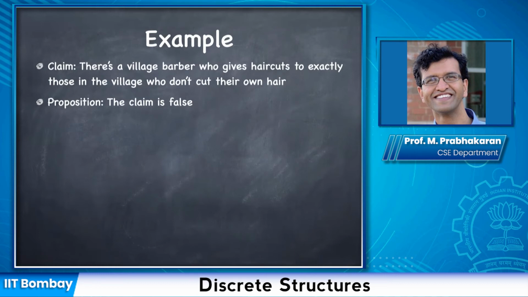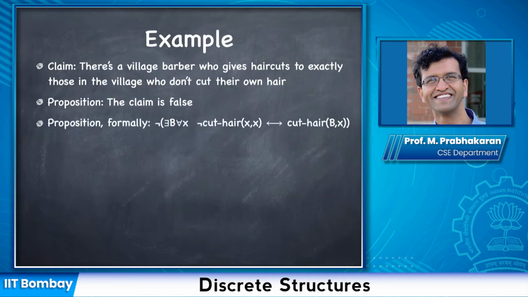So let's try to see what the actual formal statement of this proposition looks like. So I'm saying negation of the claim, right? So claim is what's here inside the brackets. It says there exists a barber in this village such that for everyone, so for all individuals X, cut hair is my predicate saying cut hair XY means X cuts the hair of Y, right?